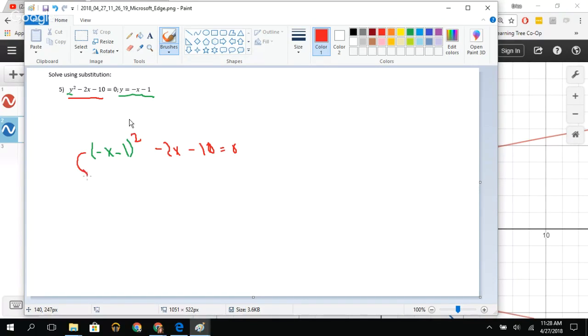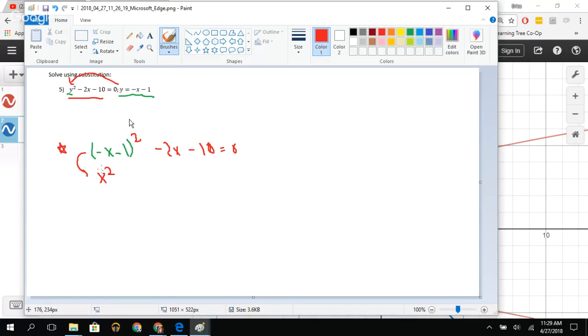What you'll notice by substituting the y into this equation is that this equation only has x's now. And I know how to solve for x's, so that's good, right? So we want to FOIL this. When we FOIL it, first is negative x times negative x, so we get x squared.